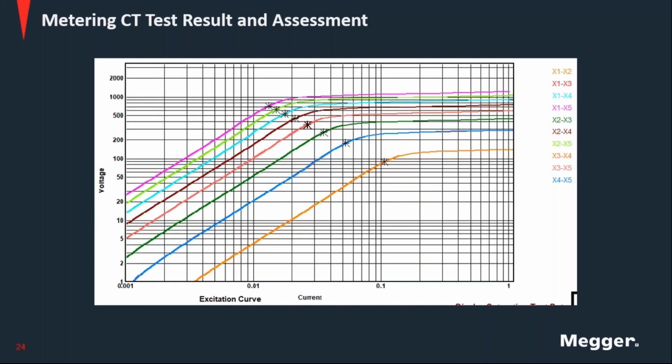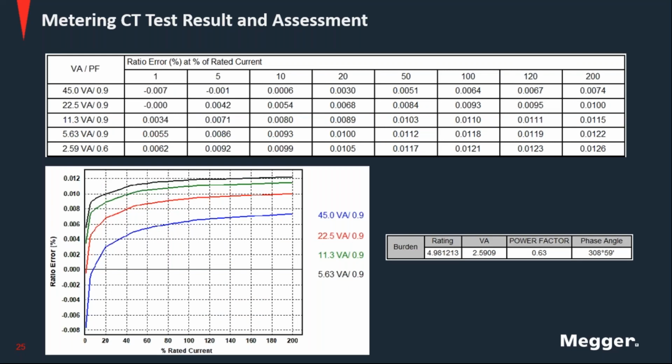And of course, we are not doing that in field testing. So with the use of software, this can be extrapolated, and it can be determined how it will behave at higher currents. You can extrapolate the curve, and using all the other parameters from the instrument transformer, from the measurements, you can perform the assessment. So this is one of the assessments.